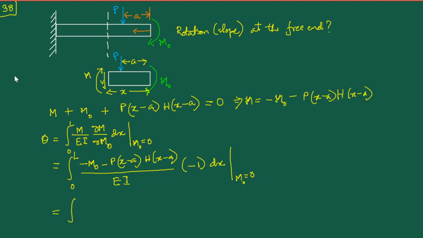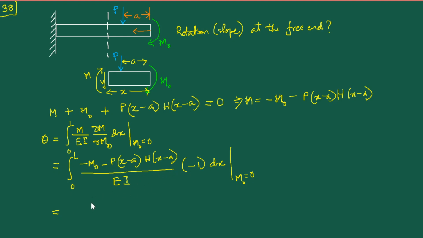Now before going on to the next step, let me just note that within this entire integrand, I am very much free to immediately set this M naught equal to 0. So that will make the calculation much easier. So what I'll do is I'll do this multiplication with this minus 1.